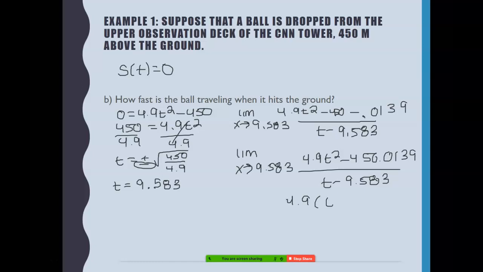And the square root of that number, 91.839, is 9.583.